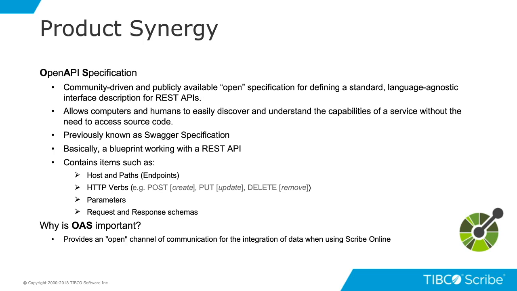What we're doing is allowing people to work within our platform and take advantage of the fact that we have implemented the OAS specification. So now people can easily discover and understand the functionality, maybe using a Swagger specification, which is how it was previously known. Like I mentioned before, it's that blueprint for working with REST APIs.